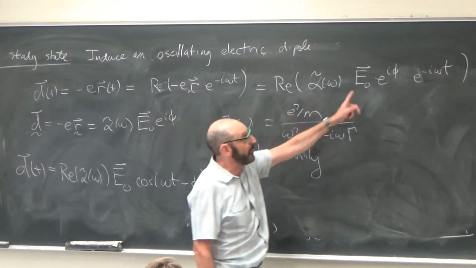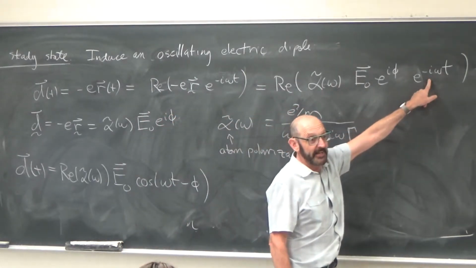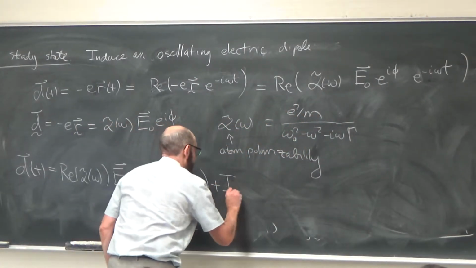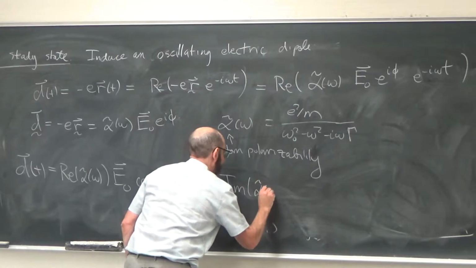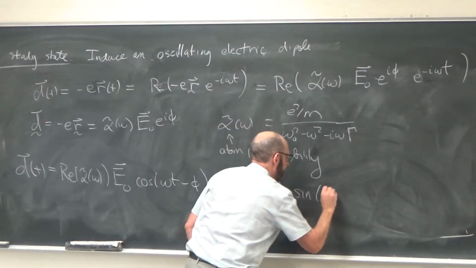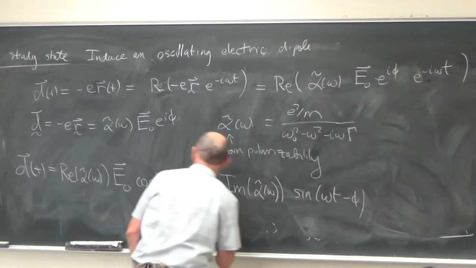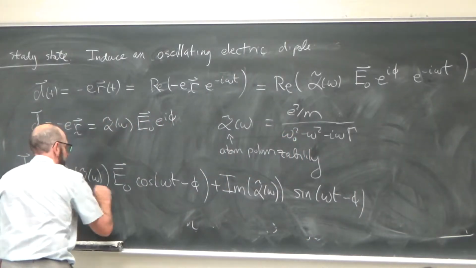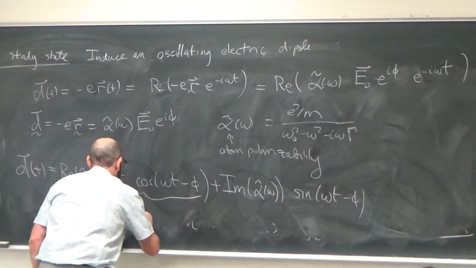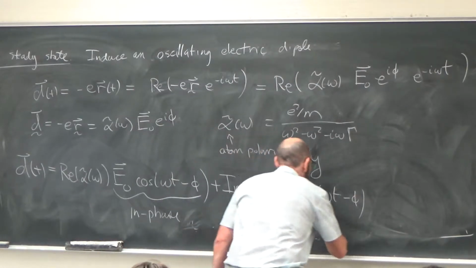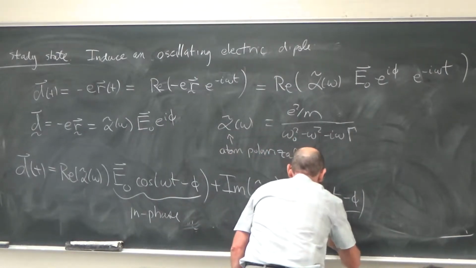And the imaginary part times the minus i is the sine. This is in phase, and when it's 90 degrees out of phase, we say it's in quadrature.